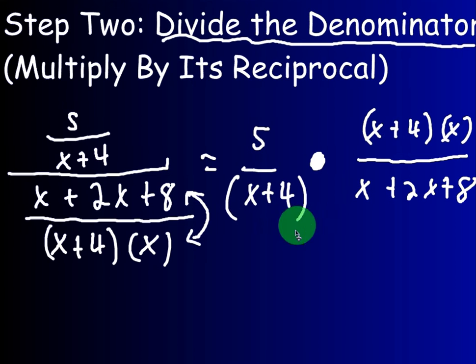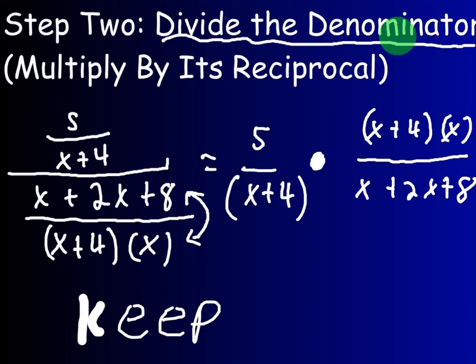Alright, so the next step says divide the denominator. I know a lot of you, though, have heard a different wording for this. And the wording is keep, change, flip. So when you divide a fraction by a fraction, you keep the top. Okay, keep the top. So this is the top fraction.